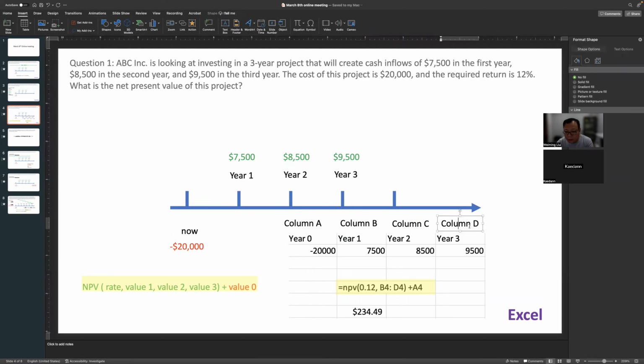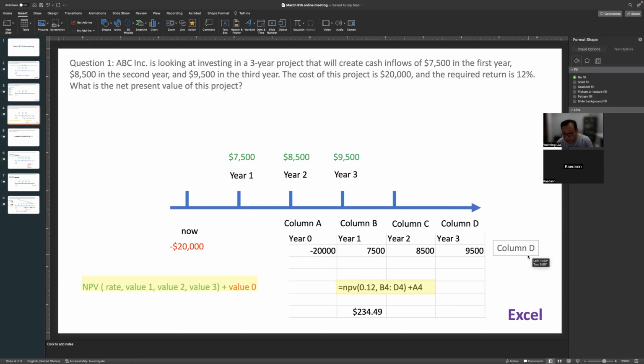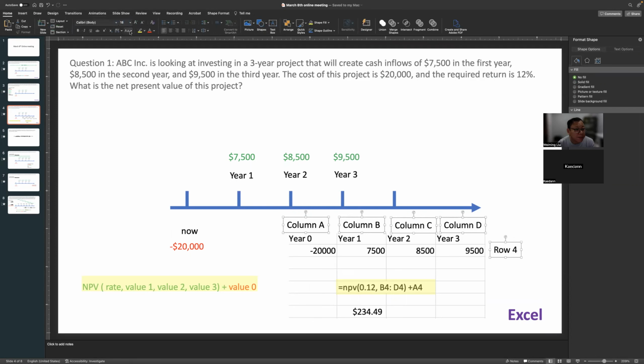So I have to also add some more information here. This is row 4. Okay, so this probably will make things a little bit easier.